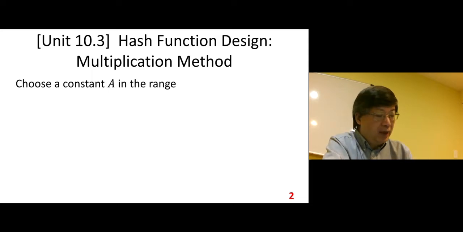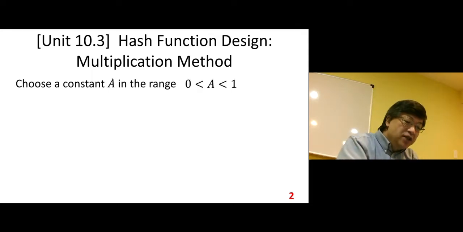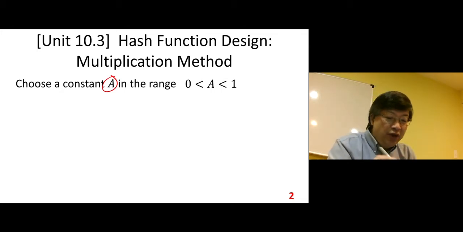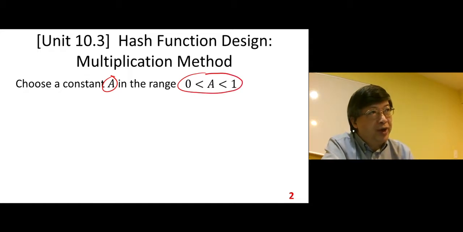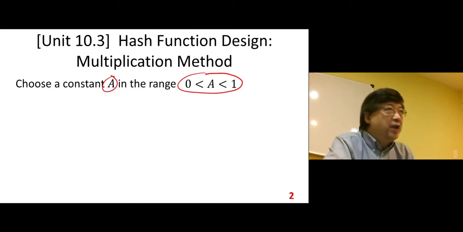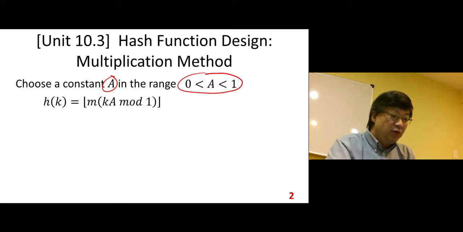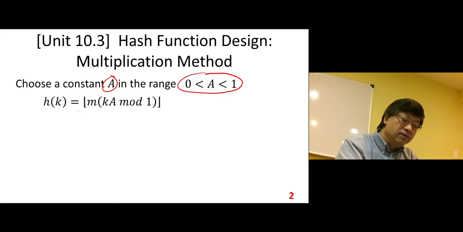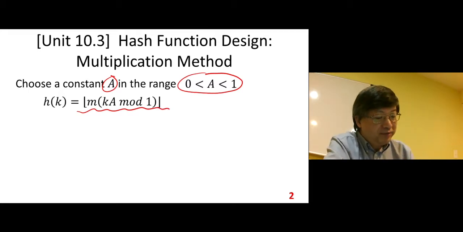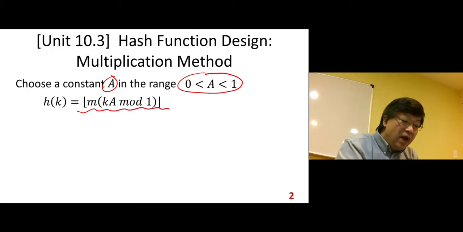So here we choose a constant A, and we set A in the range between 0 and 1, a small positive number, not an integer. Then we define the hash function in this way. M is the slot number.